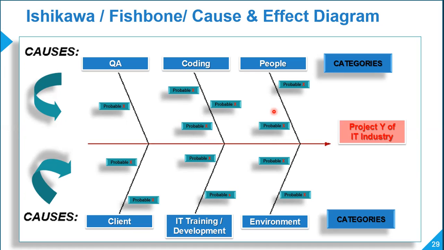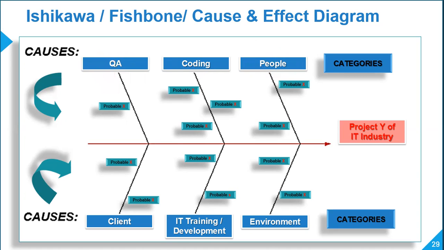So what are the causes? Here we are going to categorize those causes into the 6 different categories. People related, that is software engineers related. Coding related, quality assurance team related. This people related is more or less developer related causes, and these are QA related.